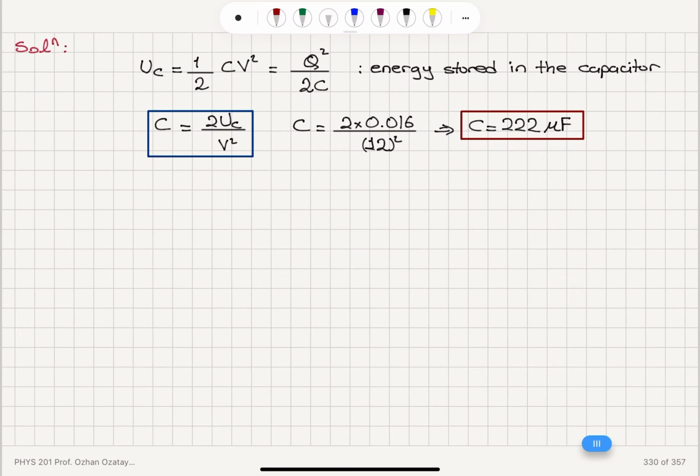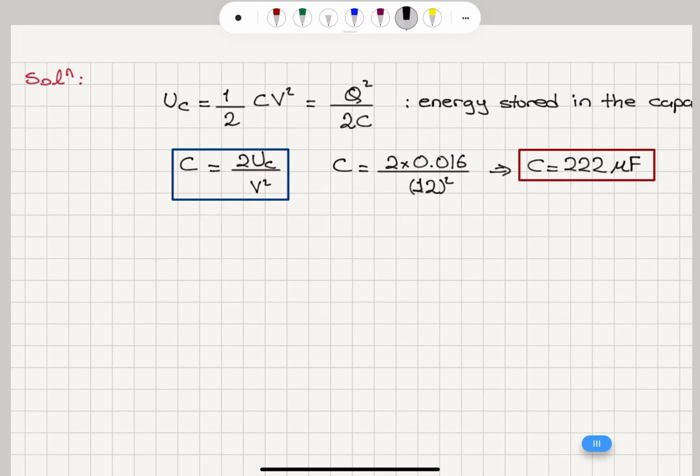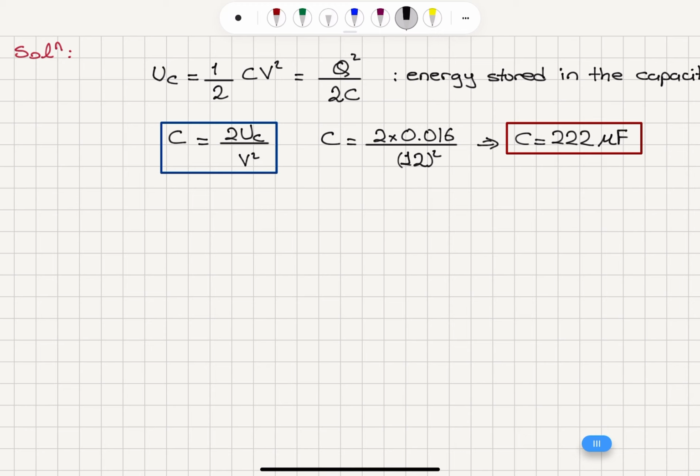Now, we have this capacitor in series with an inductor. So let's recall the LC oscillator resonance frequency.